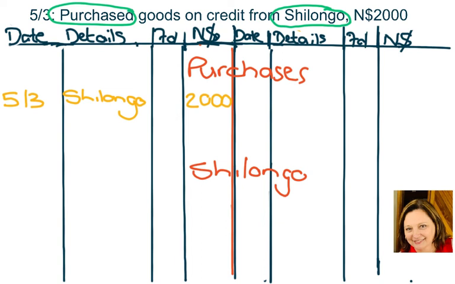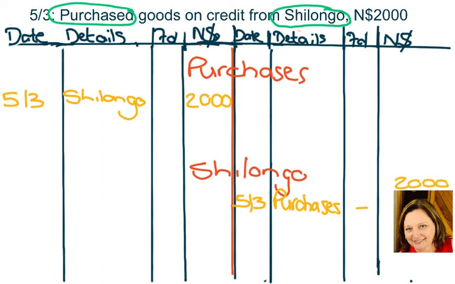Remember, we work with a double entry principle. It is Shilongu. Now we bought from Shilongu on credit, so he will be a liability. Liabilities increase on the credit side. My other account is purchases, and it's for 2,000.